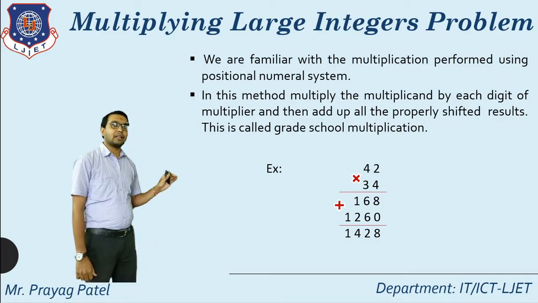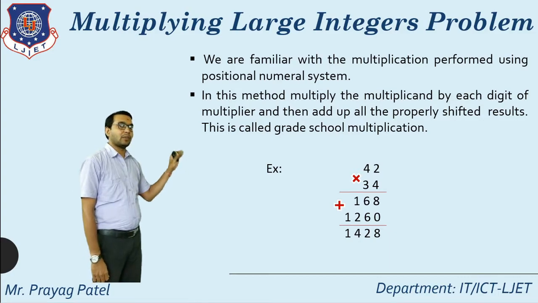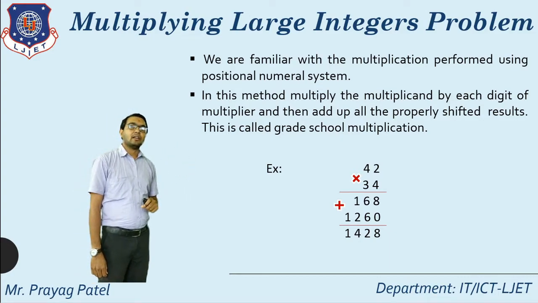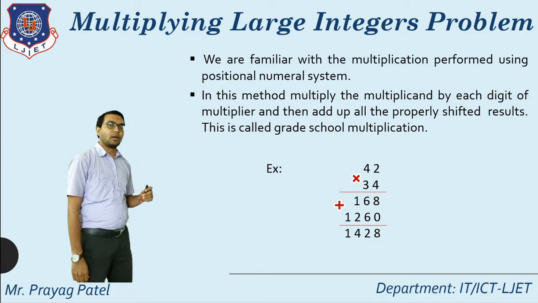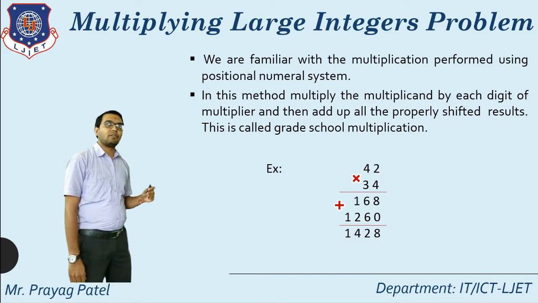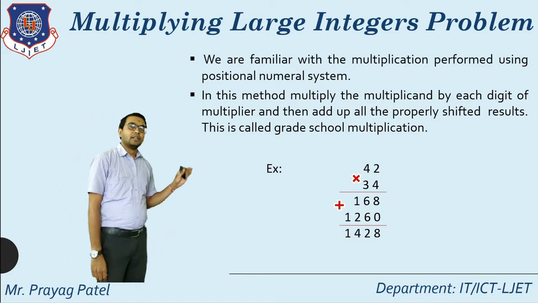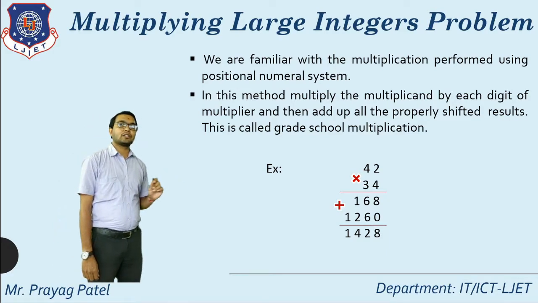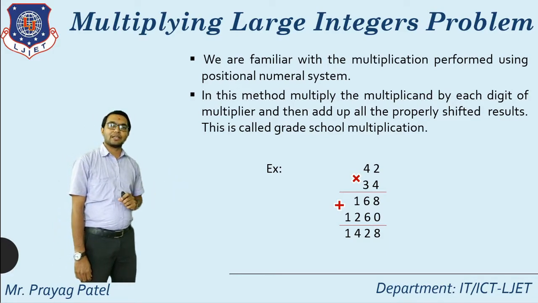Then multiply 3 with 2, which equals 6, and 3 with 4, which equals 12. Now adding 168 and 1260, we get 1428. This method is called the simple method or grade school multiplication method.